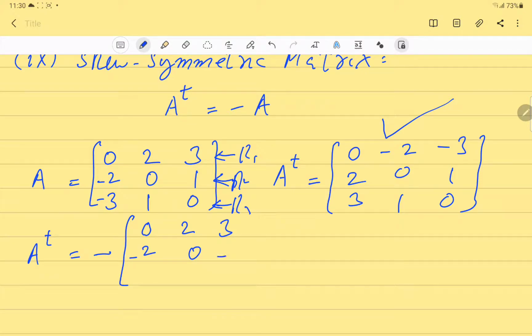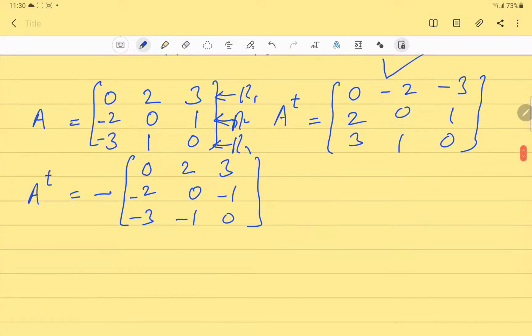And 1 will be -1. 3 will be -3. 1 will be -1, and then 0. And you can see now this one and this one are equal. Since it is equal, we can replace this one with its name, which is A. So we can write A transpose is equal to minus A. Since this condition is met, the given matrix A is a skew-symmetric matrix.